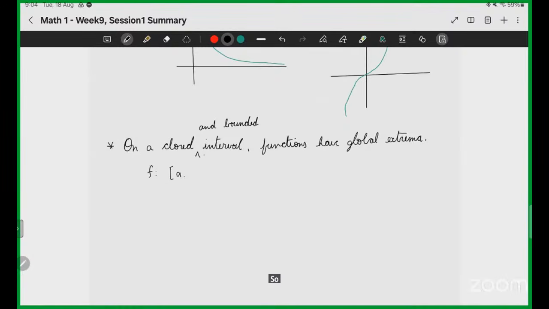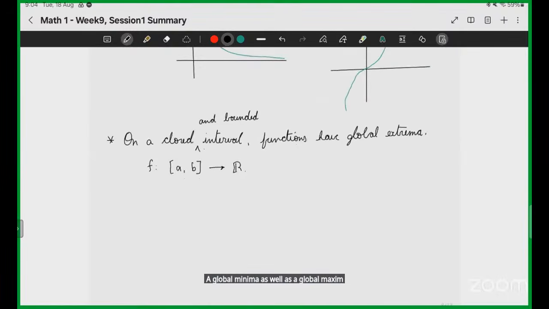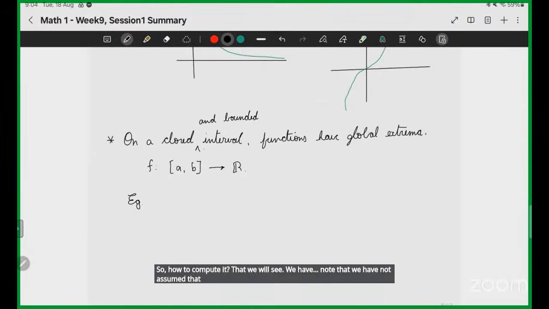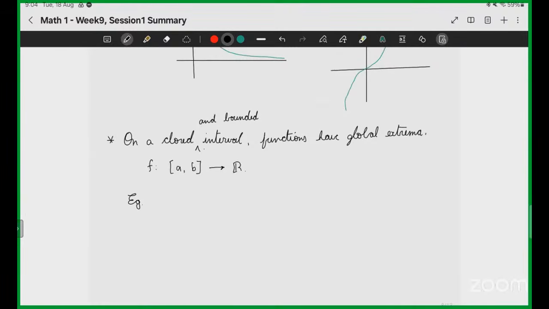If you have a comma b, a closed interval, and a function like this, the function will always have a global minimum as well as a global maximum. How to compute it, we'll see. Note that we have not assumed that this is going to be continuous or differentiable or anything. We are just saying that if it's a function defined on a closed interval, then it is going to have global extrema.